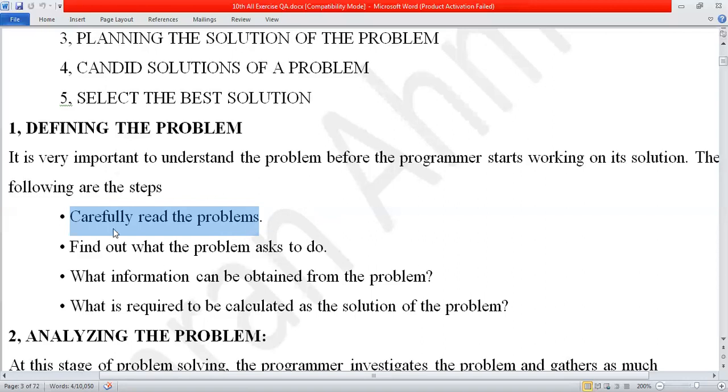Second, find out what the problem asks to do. At that time, your mind clicks on what the problem asks. Third, what information can be obtained from the problem. Fourth, what is required to be calculated as a solution of the problem. The required calculated solution means what you want to do with the problem.